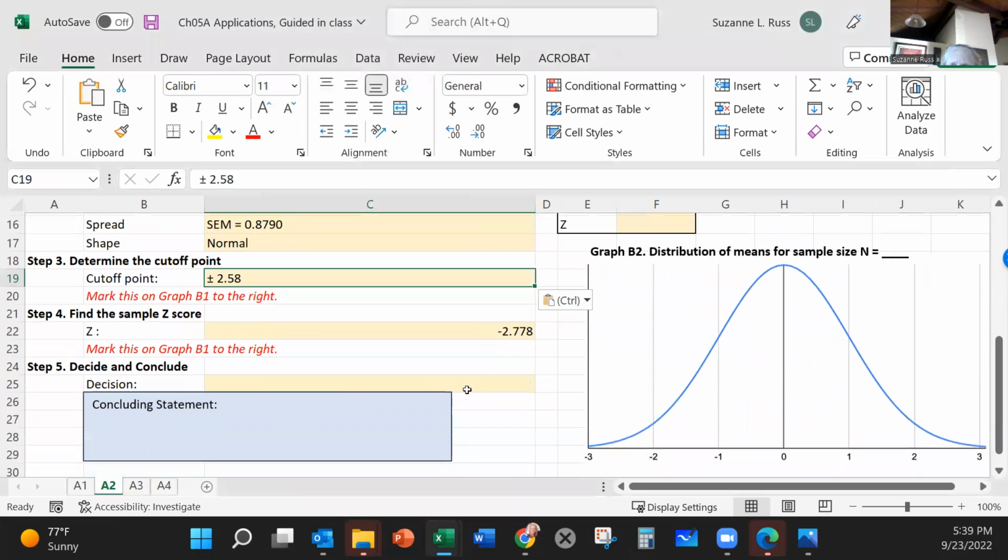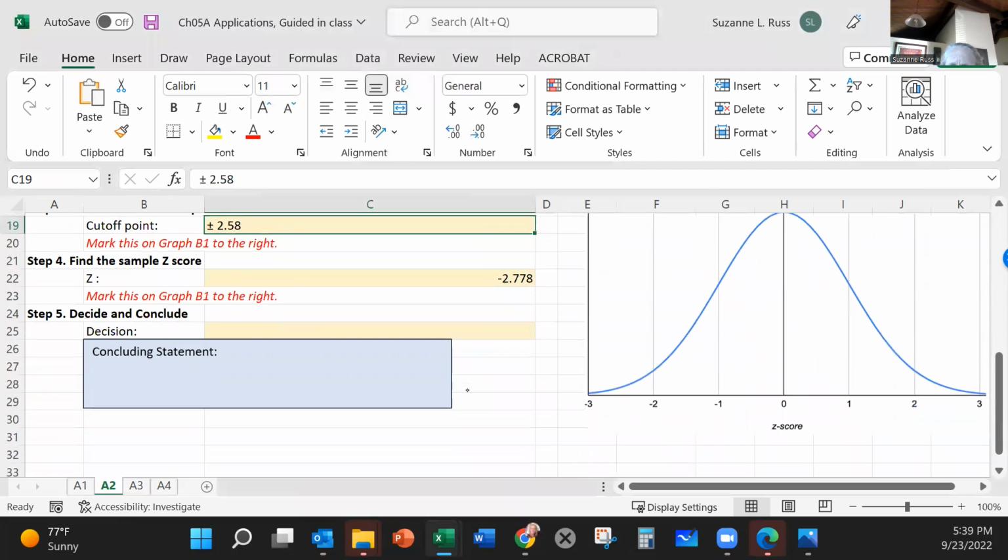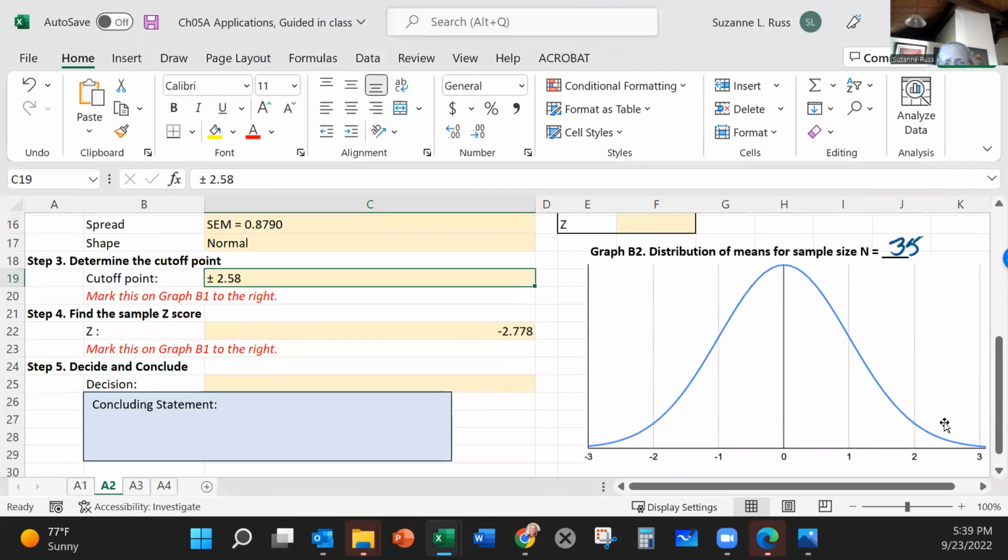So here we have a graph, the sample size n equals 35. I'm going to fill this in for the title. And if we scroll a little further, we should put down what our z-scores are for. And these are going to be z-scores for, we already said it's distribution of means, but what is it we're actually measuring?